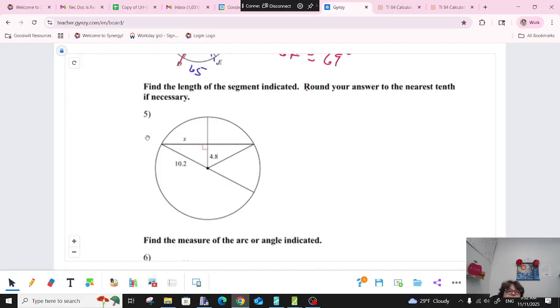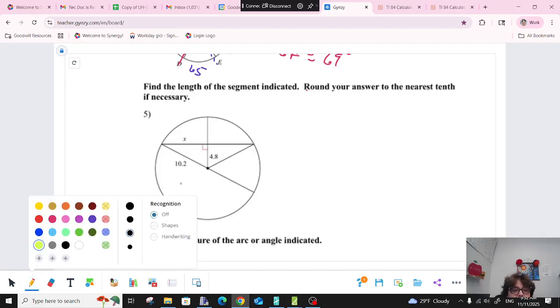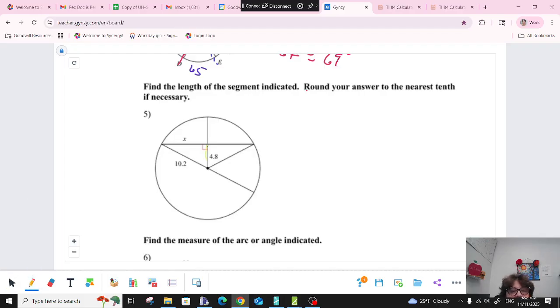So here it says find the length of the segment indicated. Round your answer to the nearest tenth if necessary. So when it's talking about 4.8, 4.8 is this piece right here. Okay? And 10.2 is this piece over here. What type of shape is this? Triangle.